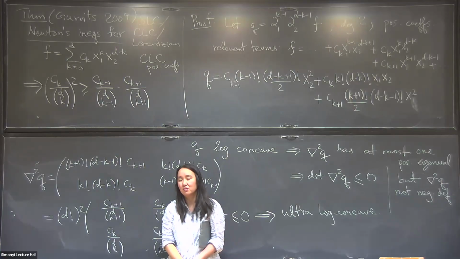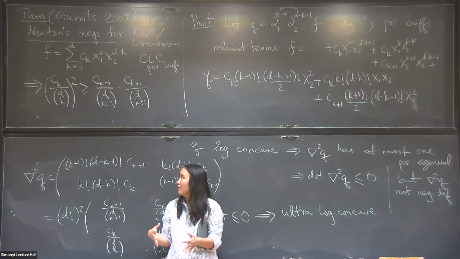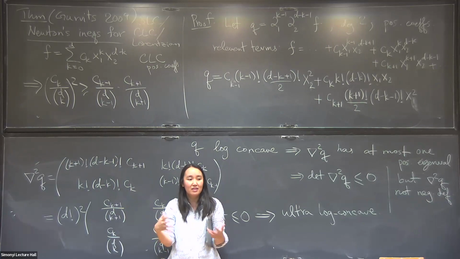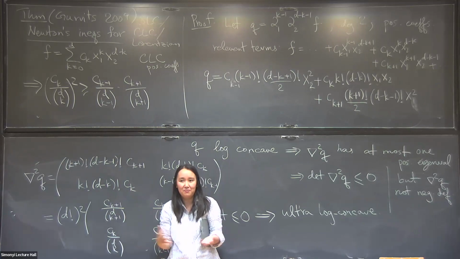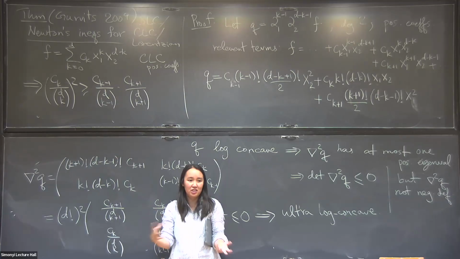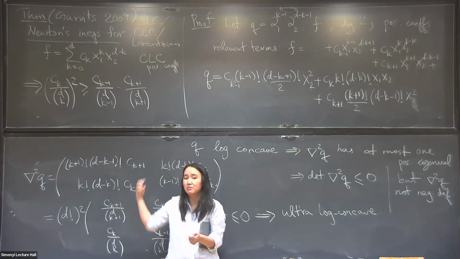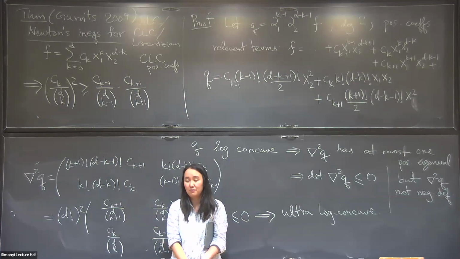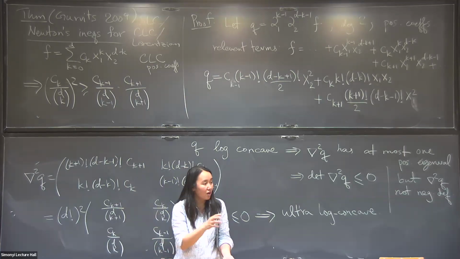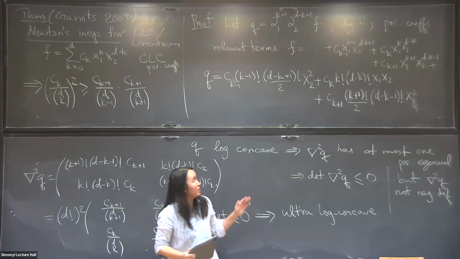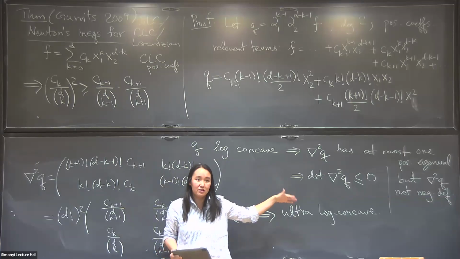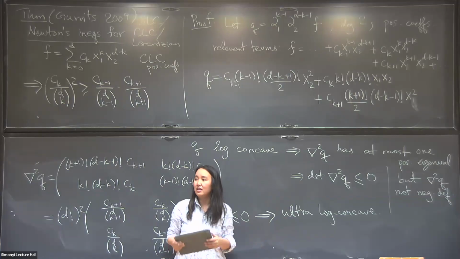So next time I'll discuss a bit about how one proves that something is Lorentzian, because right now, by definition, you have to check for all v, for all x, for all that. I'll say a bit more about the easiest way to get a handle on that, and then mention the results about Mason's conjecture. The strong Mason conjecture was proved simultaneously by the team of Anari, Liu, Oveis Gharan, and Vinzant, and also by Brändén and Huh.